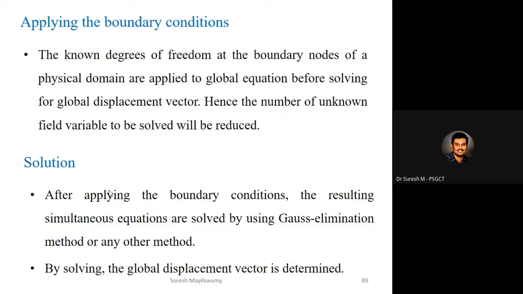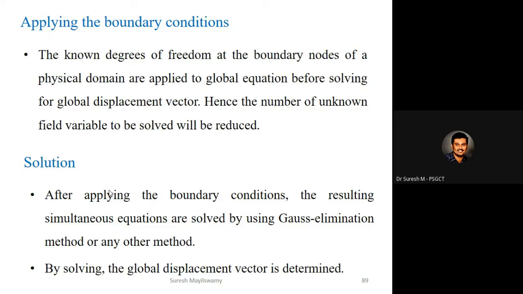Then the next stage is applying the boundary conditions. The known degrees of freedom of the boundary nodes of a physical domain are applied to the global equations before solving for the global displacement vector. Hence, the number of unknown field variables to be solved will be reduced.